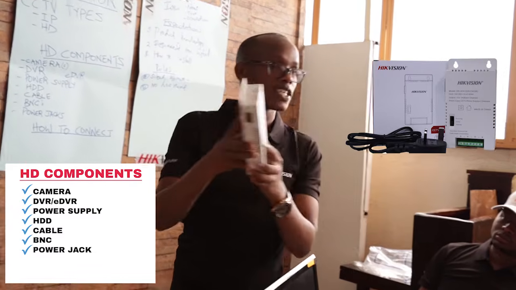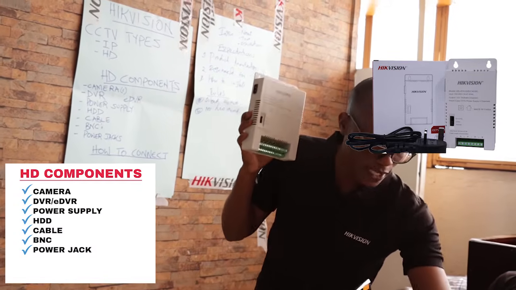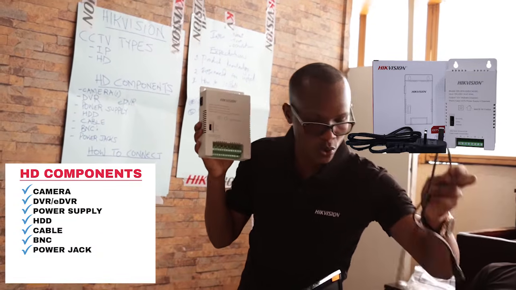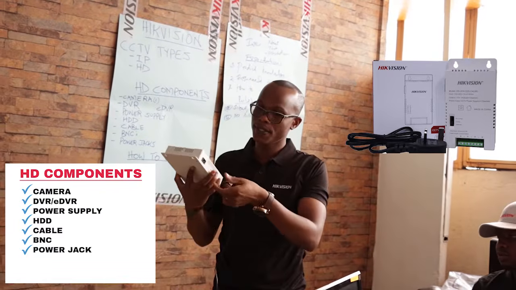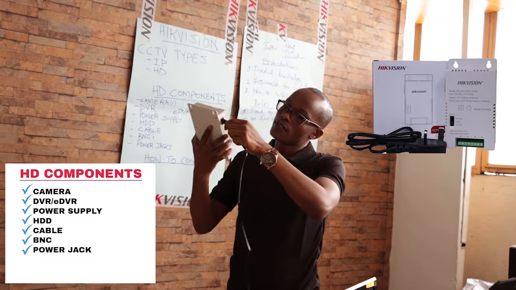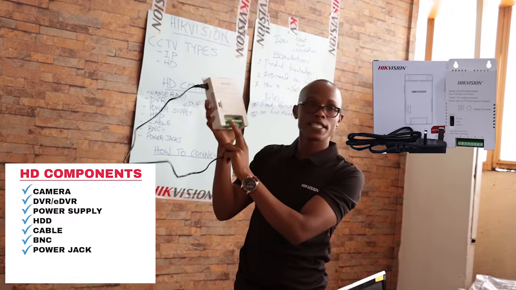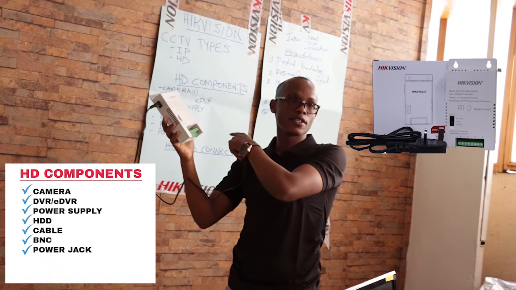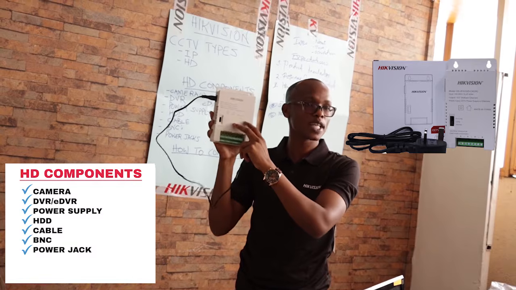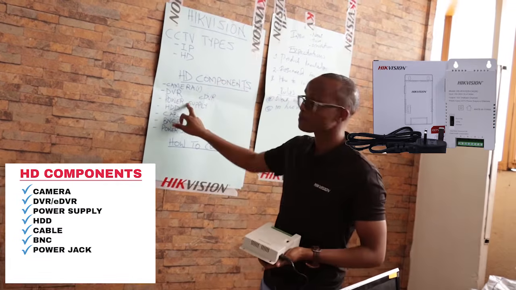Whatever it requires is called the power supply. This is a power supply. The power supply will connect to the electricity, and from these gadgets is where you connect wires to the camera, so that the power that goes to the camera is not too much. That is the power supply.